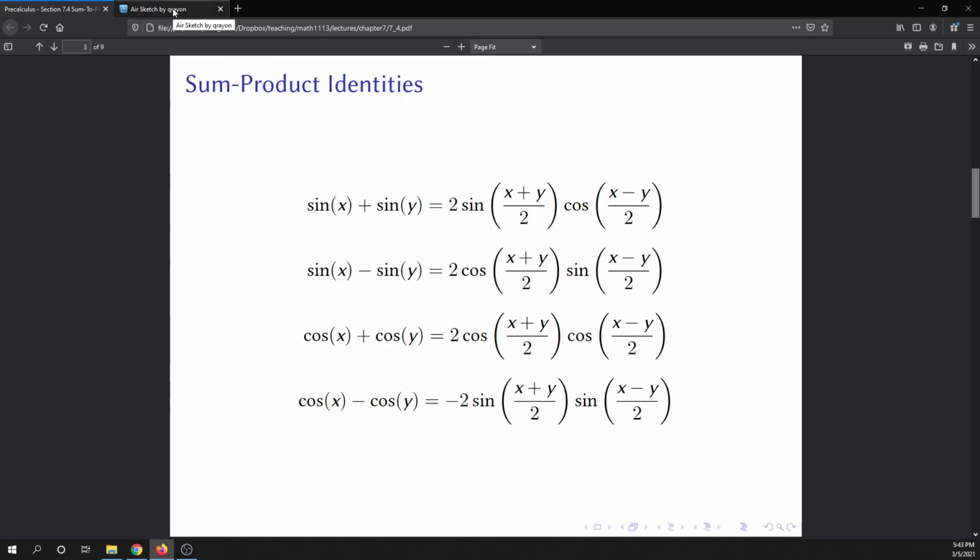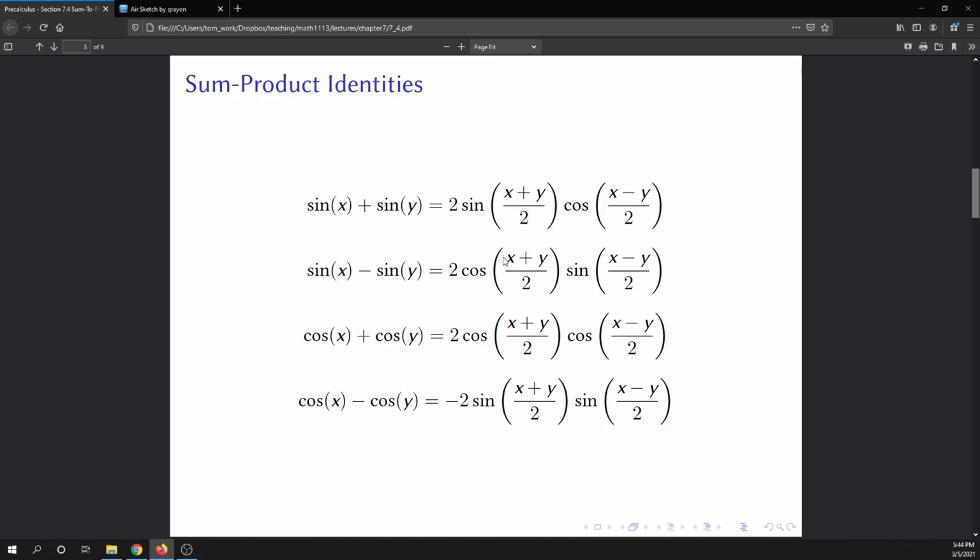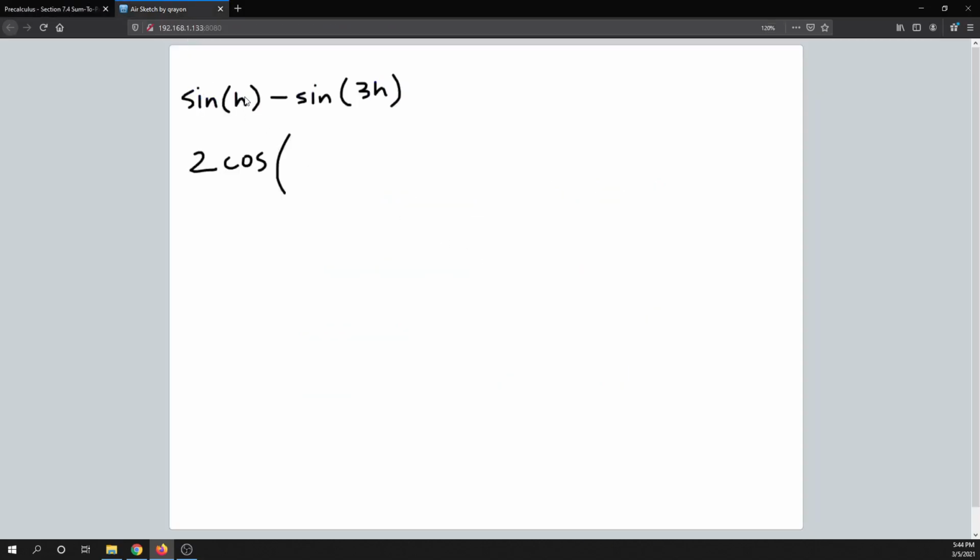All right, so this expression right here is going to be equal to 2 cosine, and then it's x plus y over 2. So in this case, h is playing the role of x, and 3h is playing the role of y. So it would be cosine of h plus 3h over 2.